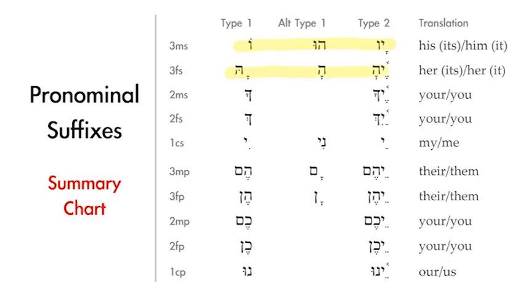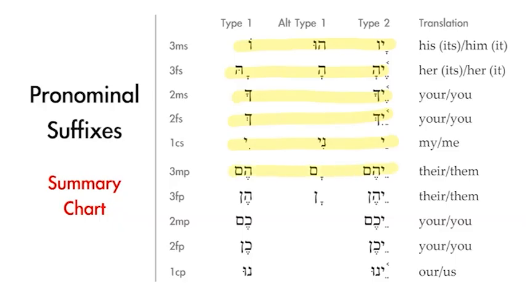In the 3FS category, there's always an A-class vowel and a he. In the 2MS form, there's always a final kaf with a qamets inside that final kaf. In the 2FS form, there's always a final kaf with a sheva in it. In the 1CS form, there's always a yod: hireq yod, nun hireq yod, or patach yod. When it comes to these pronominal suffixes, it's helpful to memorize what's similar about each form so you can begin to make the connections.